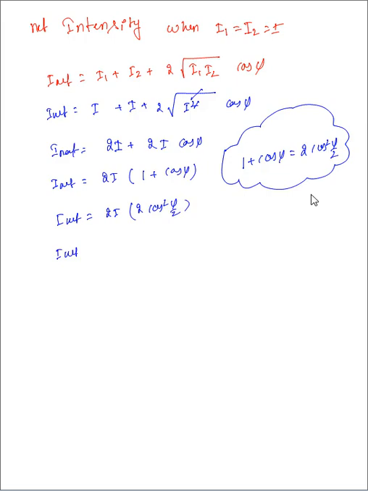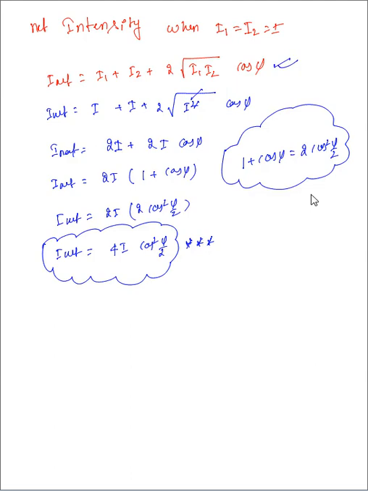Therefore I net equal to 4I cos square phi by 2. When intensities are equal, the final intensity is 4I cos square phi by 2. Many places it will help you directly while solving MCQs and numericals for CBSE, JEE, NEET and all. Regularly, if I1 is not equal to I2, we are going to use the general formula.